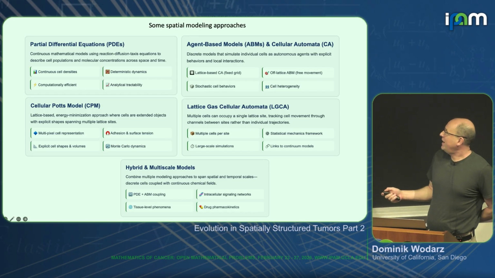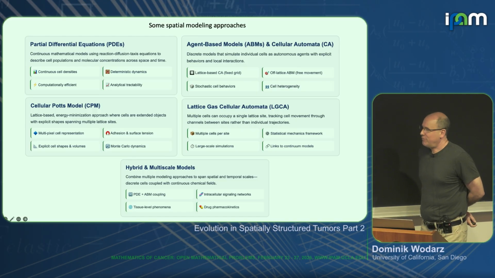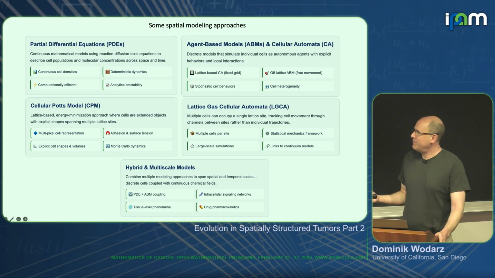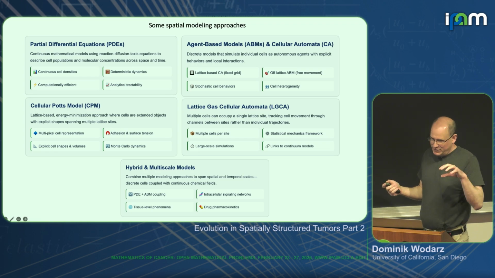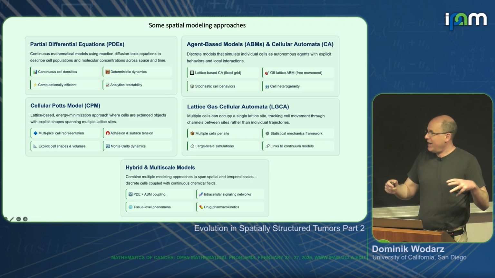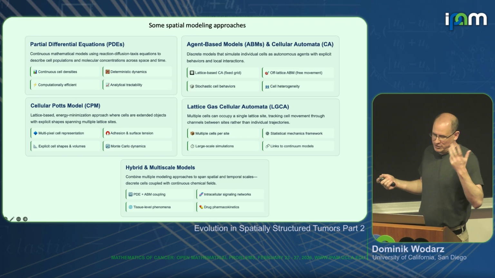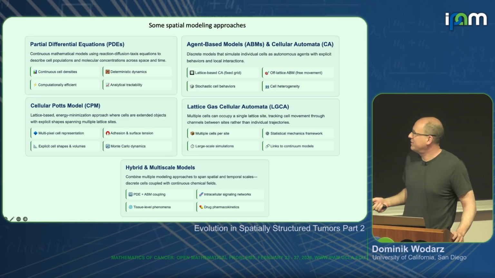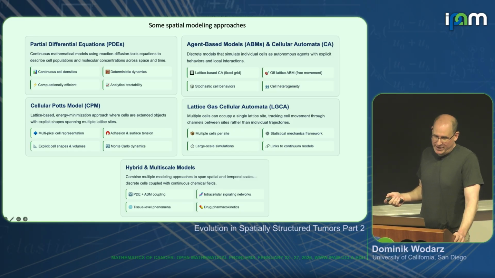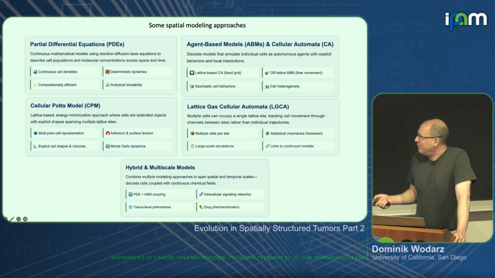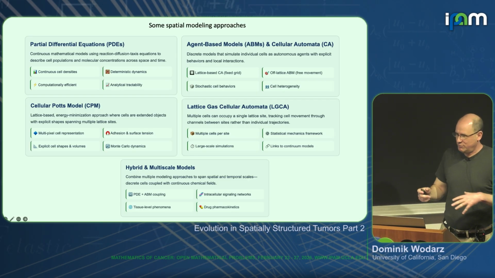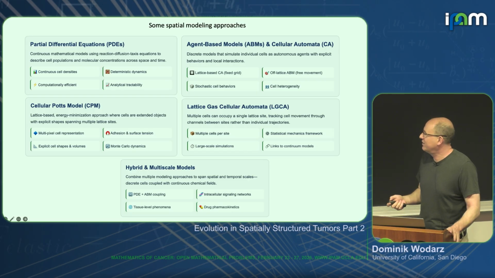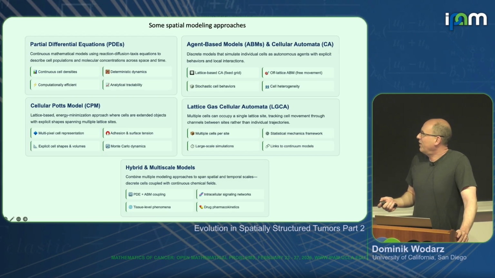Then you can have agent-based models. They're more like cellular automata or individual-based models where you track individual cells, both in time and in space, and there are certain rules that apply. You update those models. Cellular Potts models are kind of a variation of these where you assume certain shapes of the cell and biophysical forces that are going on.